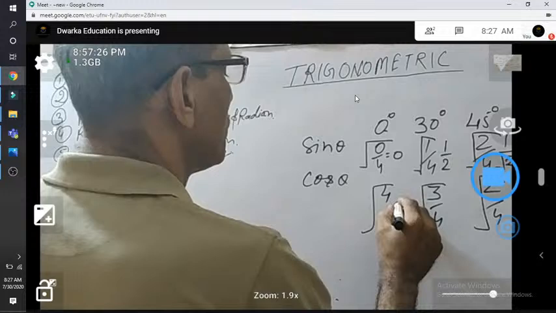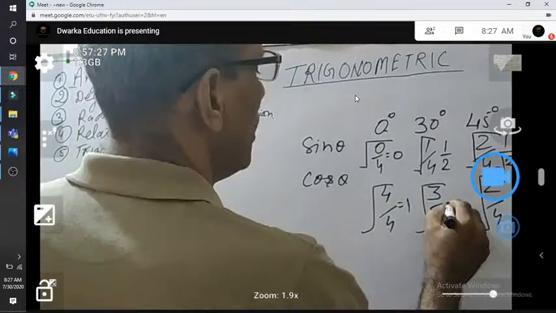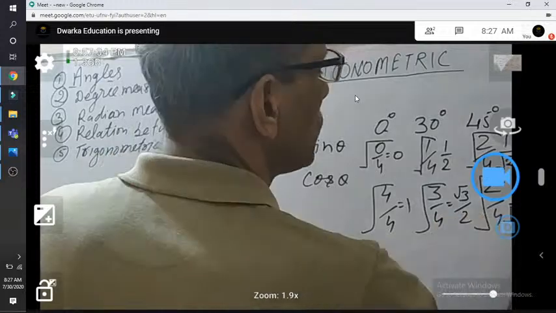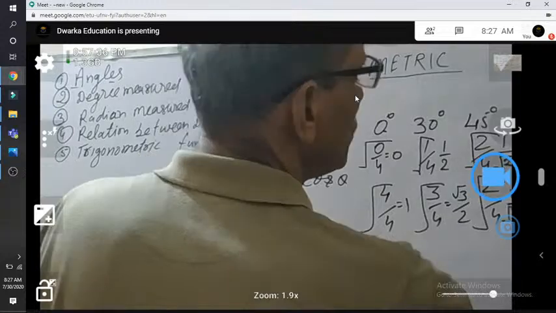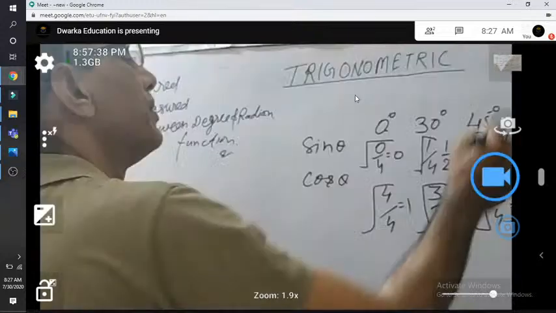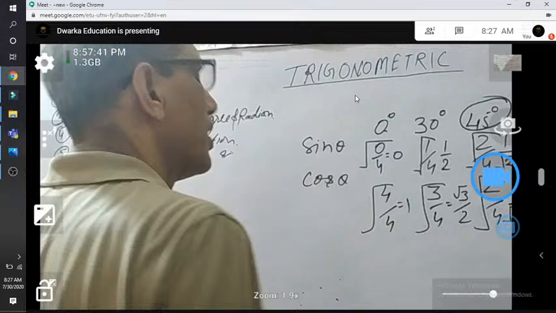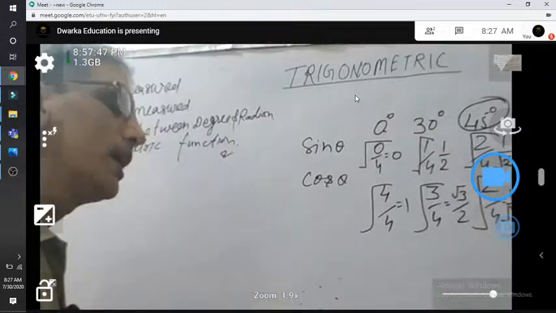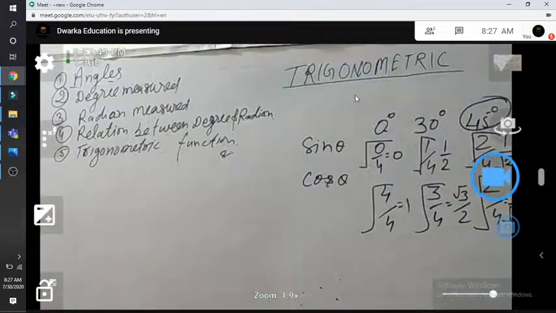These values became 1, root 3 by 2, 1 by root 2, 1 by 2, and 0. At 45 degree, both values are equal. Remember that both values are equal. And now we find the value of tangent also.